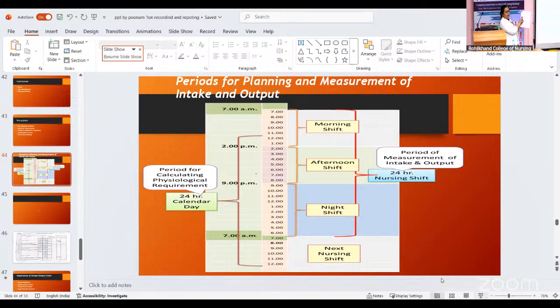This total, what was this? 700. What was this?